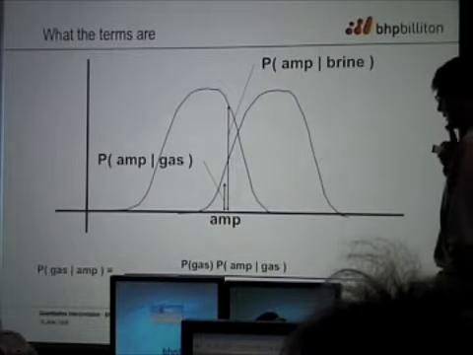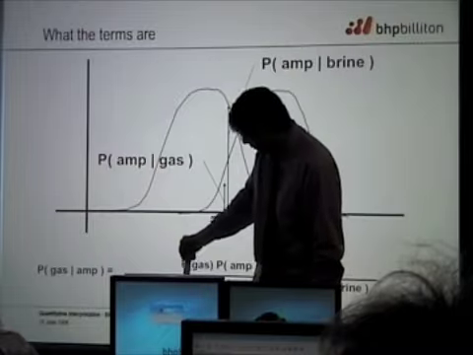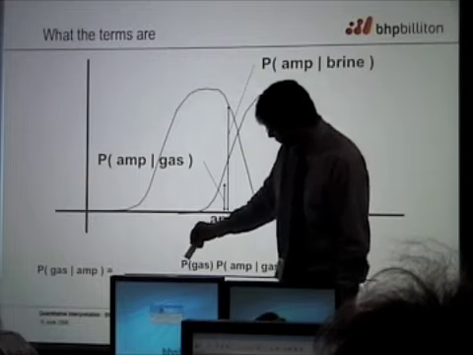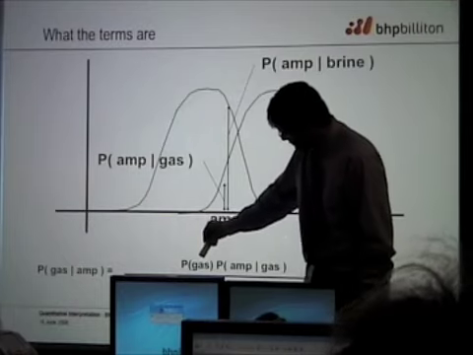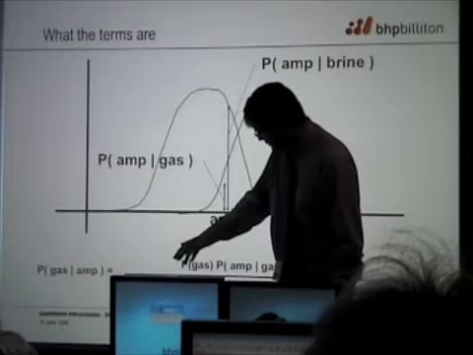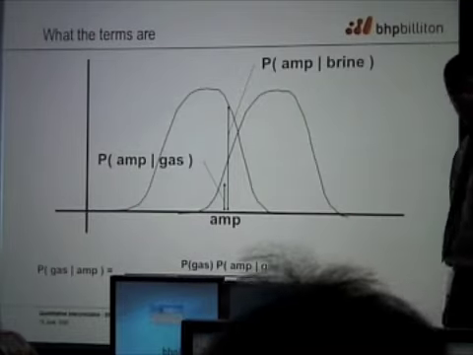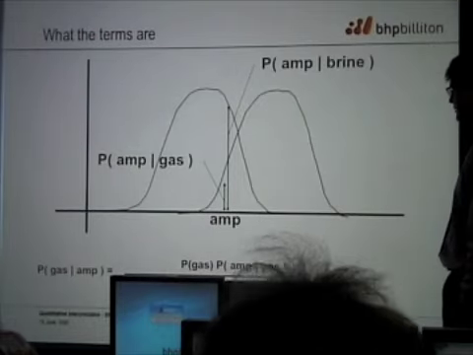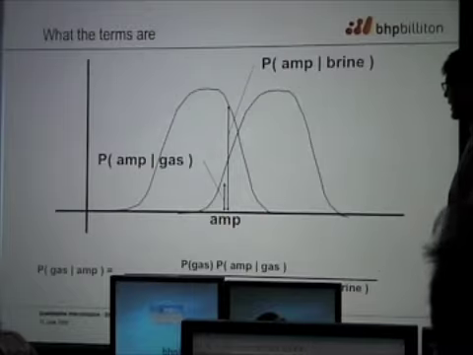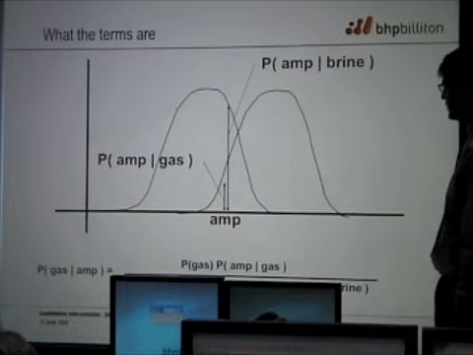Now for right now, let's assume that the prior probabilities, or geology and petroleum system, tell us that gas is as likely as brine. So all these things are the same number, and they end up dividing out of the equation, okay? So let's ask, what is this formula?